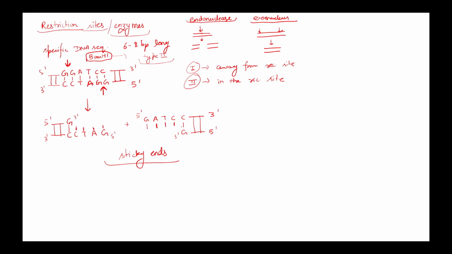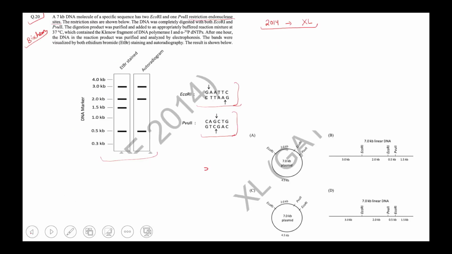These are called sticky ends, but as you can see here in PvuII, after the restriction digestion it will produce a sequence like this. It will just get divided in equal halves without producing any overhang. So this is called a blunt end.